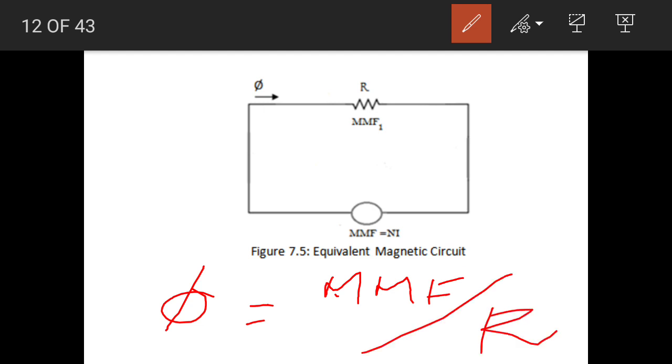So this is an equivalent magnetic circuit of the given magnetic circuit. The MMF is represented by this particular source, and we know that MMF is equal to Ni. The reluctance of the material is represented by this symbol, and the reluctance will be equal to R.